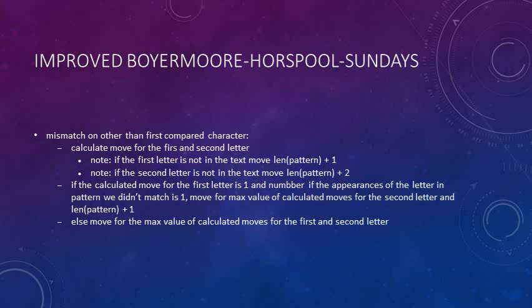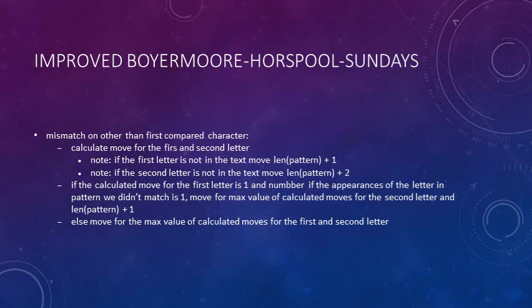The other case we have here is when a mismatch occurs on any other letter that is not the last one in the text. The procedure is pretty much the same here. We take a look at the first letter after the end of the text we are currently comparing and the second letter after the text and calculate those shifts.